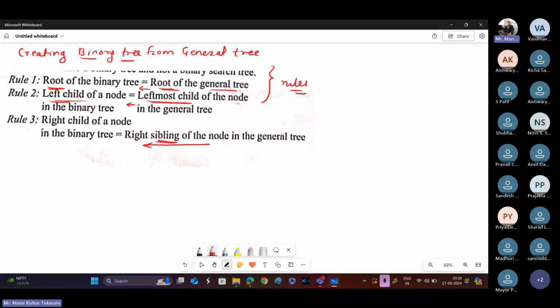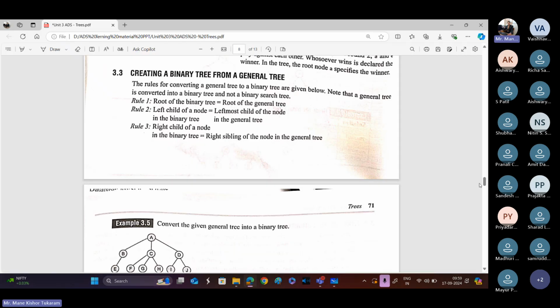That is, we have to just search the particular similar level node as a right child of that particular binary node. So these are the three rules related to the root, left, and right. Okay, so here let's see one example, then only you can able to understand.